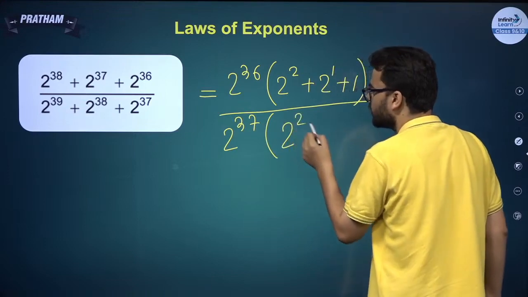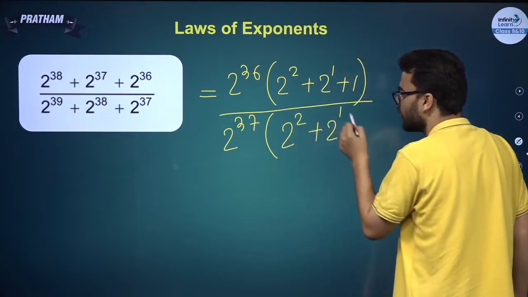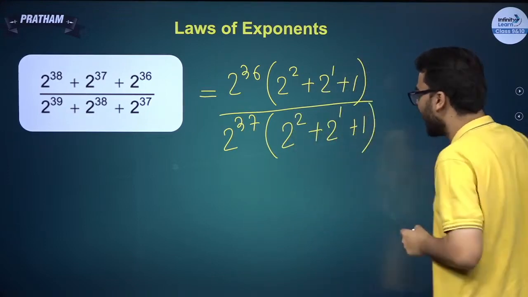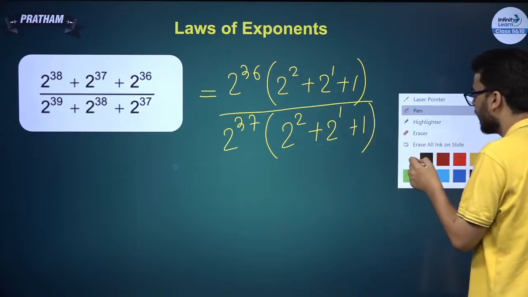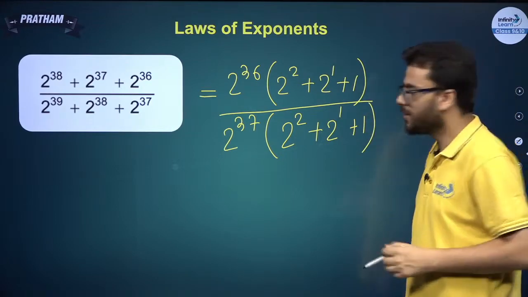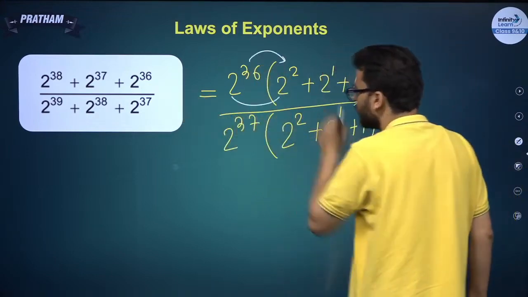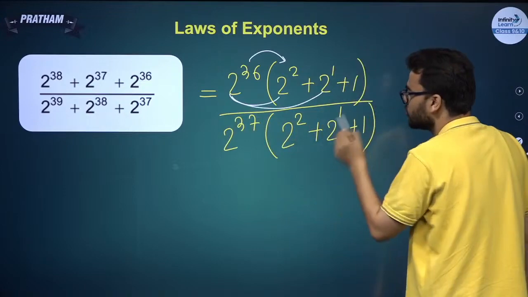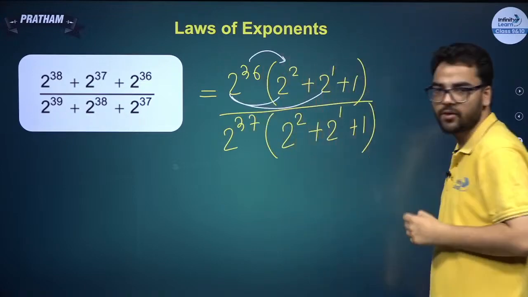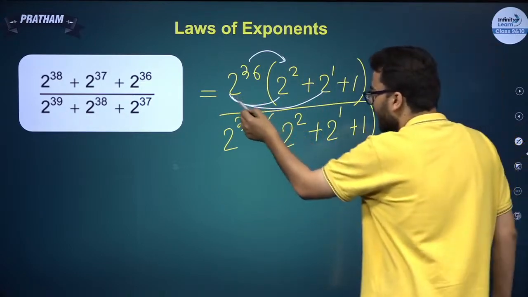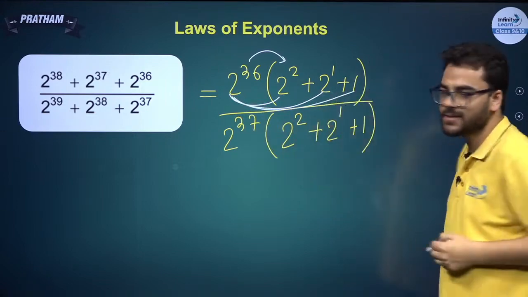So I will be left with 2 square plus 2 raised to the power 1 plus 1. Can I do this? Yes or no, guys? Because you see, if you will multiply this thing, you will get 2 raised to the power 38 only. If you will multiply these two, you will get 2 raised to the power 37 only, right? If you will multiply these two, you will get 2 raised to the power 36 only.